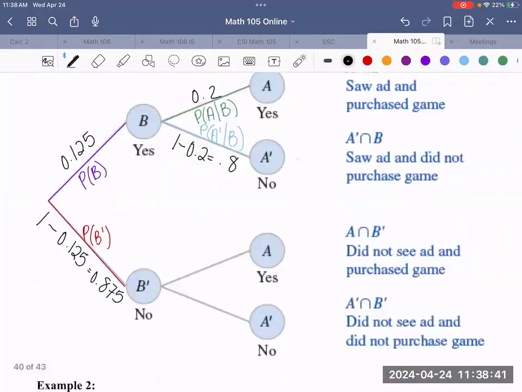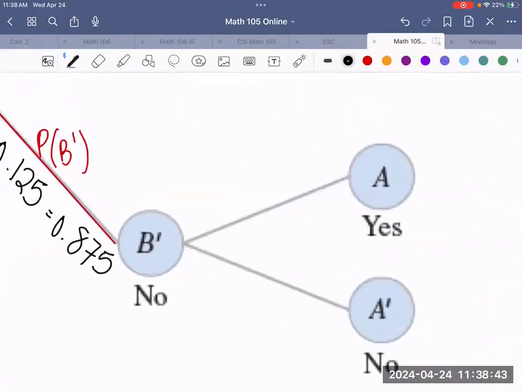So if we do it one more time here, we did not see the ad. However, we still bought the game. So even if we didn't see the ad, this has already resulted. However, we ended up getting the game. The probability that we purchased the game, given that we did not see the ad. It had already happened, we just didn't see it.